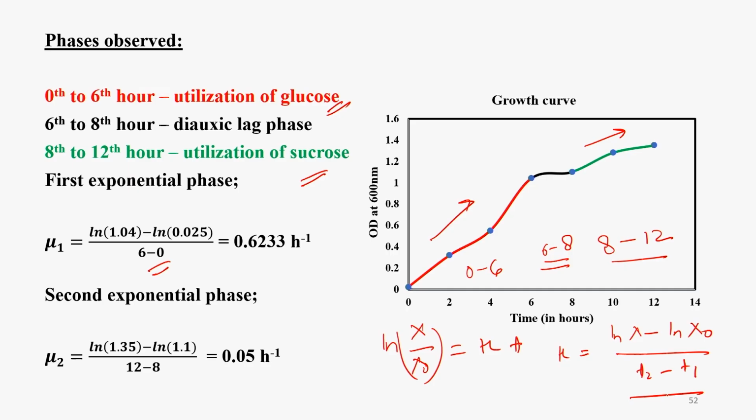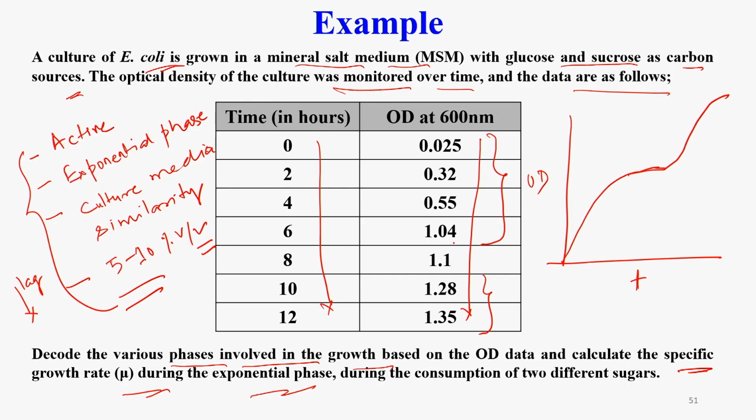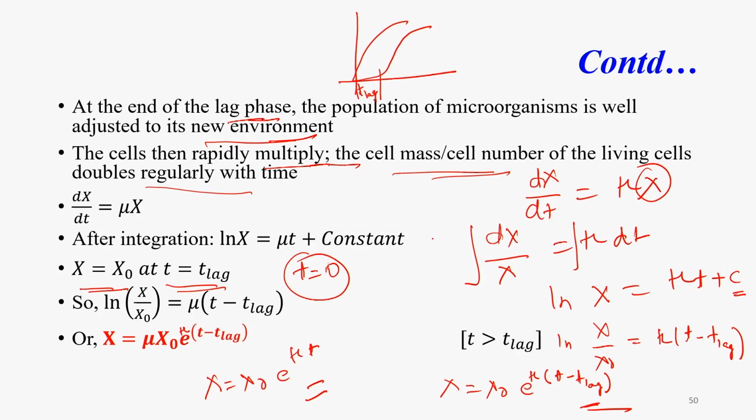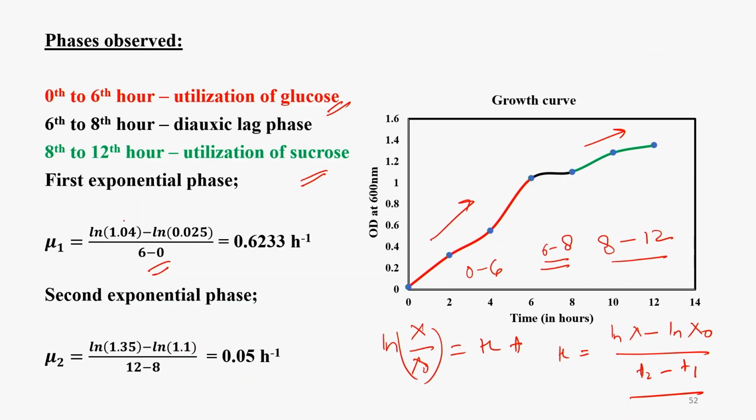Here, for 0 to 6, what was the OD? 0.025, and at 6 hours the OD was 1.04. So, this will be ln 1.04 minus ln 0.025 divided by 6, so you will get the specific growth rate of 0.62 per hour.